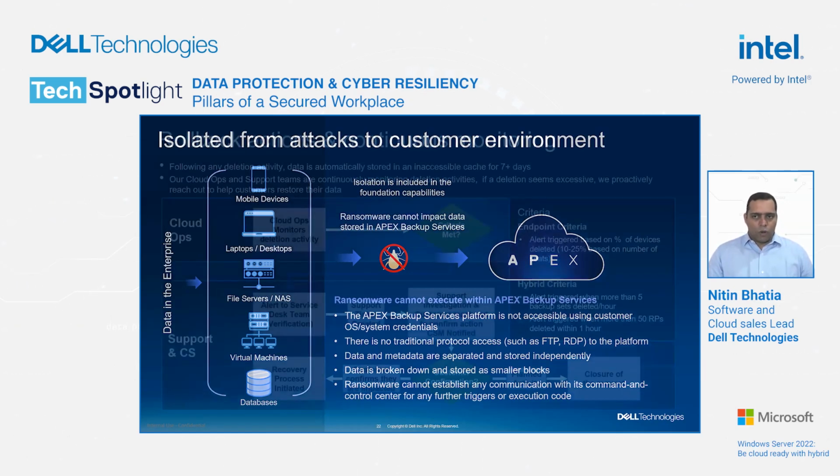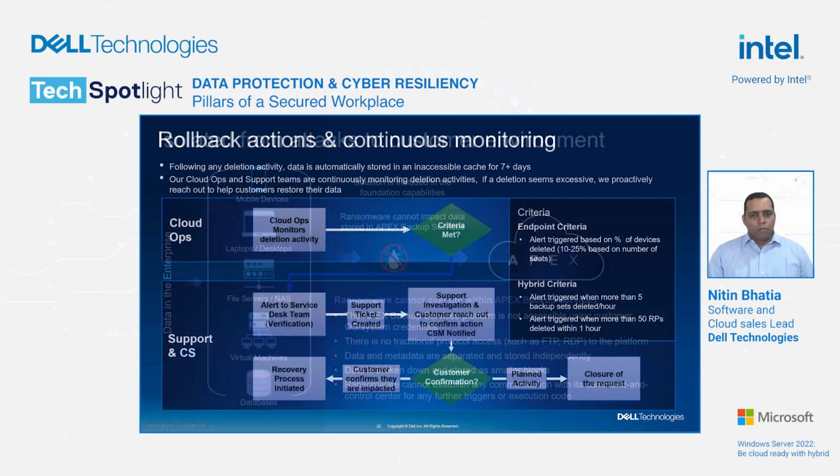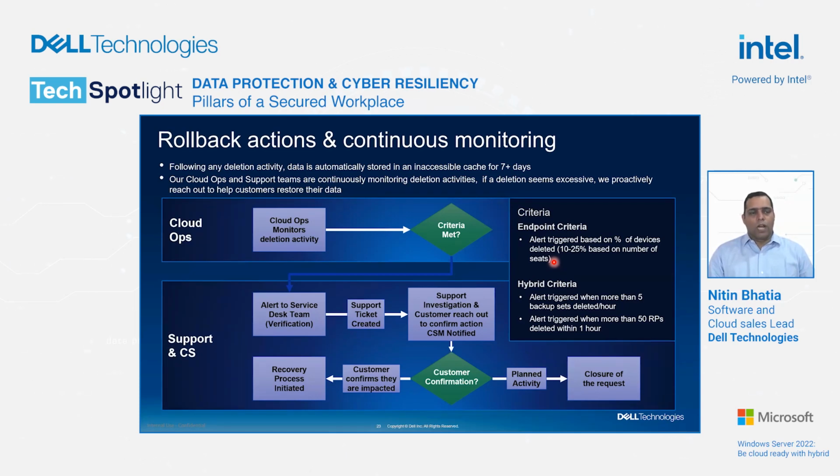In case your data is compromised and your credentials are compromised and you have an attack where all your backups are being impacted through a successful verification, we still don't eliminate mass deletion activities in endpoint and hybrid criteria. The cloud is a completely monitored 24/7 system.